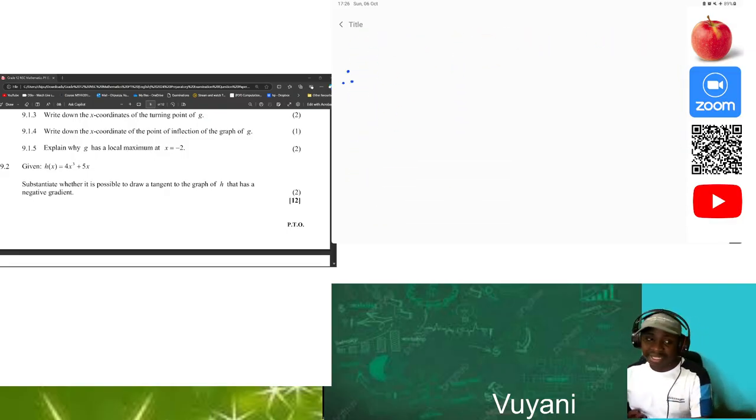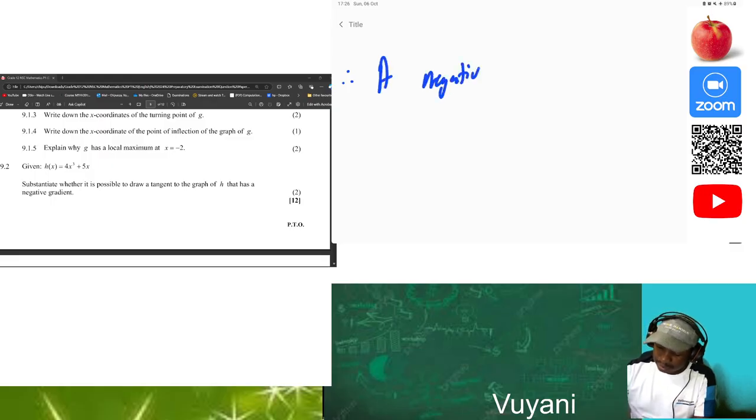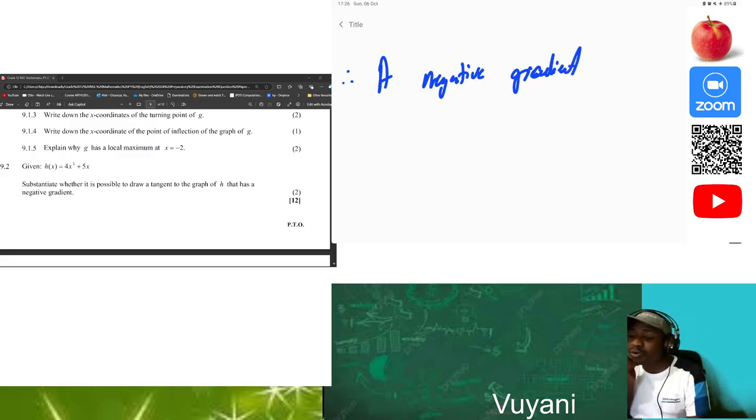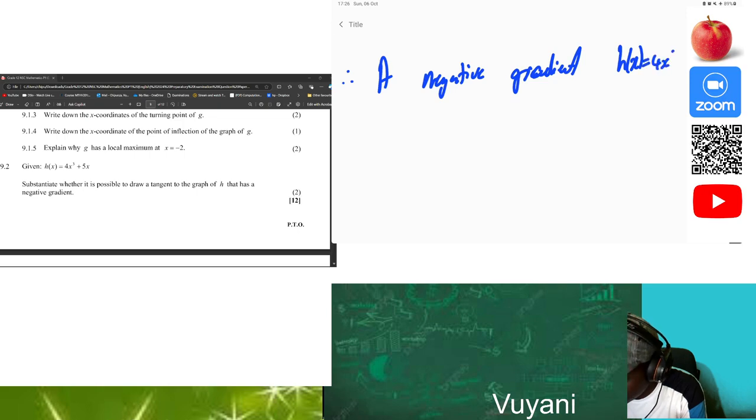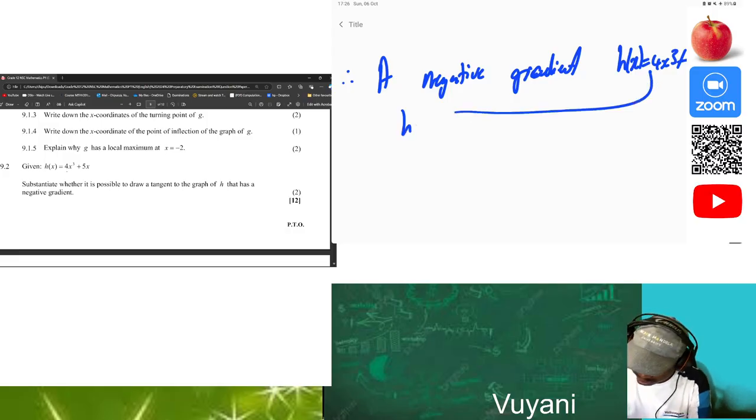So that will just be easy stuff, so that we can say that a negative gradient. Okay, so we know that we need to look for our first derivative there, so that we can have the function. So we're given h of x, which is equal to 4x cubed plus 5x. So we can say that our h prime of x is equal to 12x squared plus 5, of course.